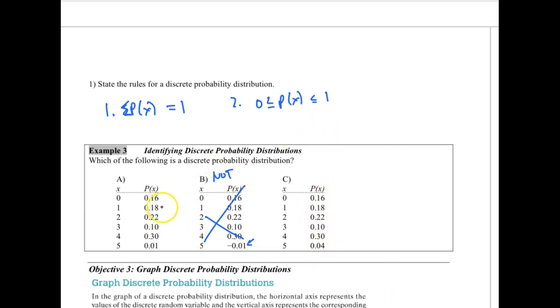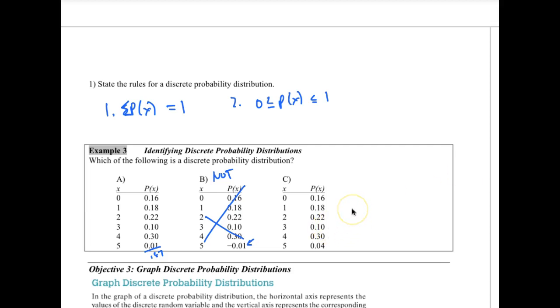The other thing we need to do is add these up. If I add this up, 0.10, 0.20, 0.40, 0.50, 0.80, 0.84, 0.86, 0.87. It only equals 0.87, and so that would not be a probability distribution.